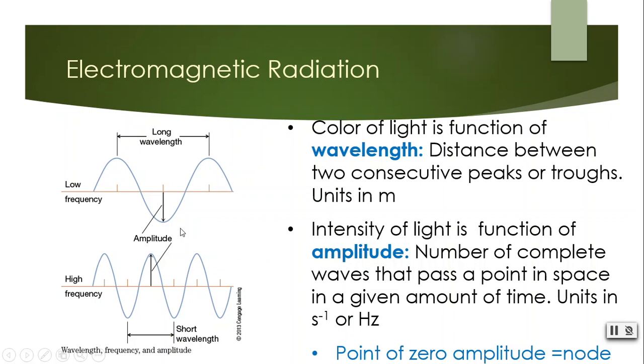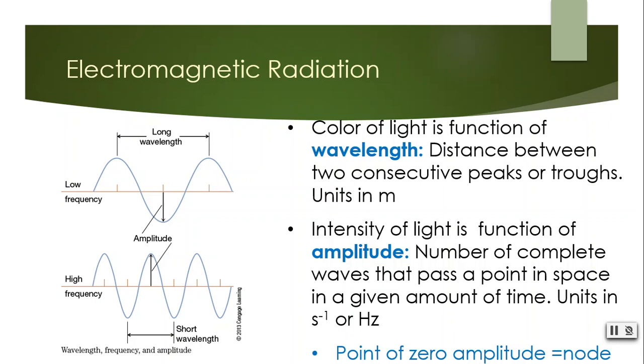So wavelength, which is measured in meters, if you were to do a graph of a light wave, the distance between two peaks would be the wavelength. Okay, it's the distance between two consecutive peaks or troughs, actually. Amplitude or frequency is the height of that wave.